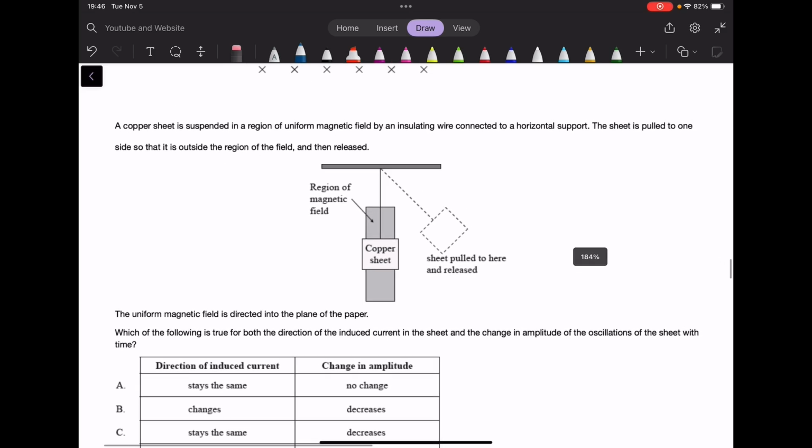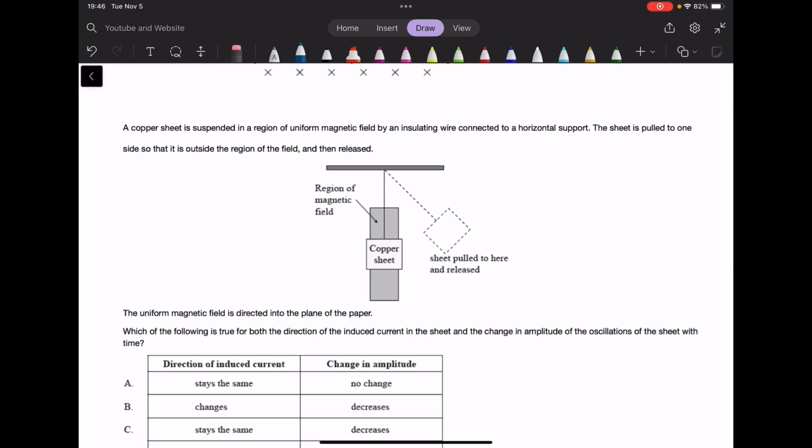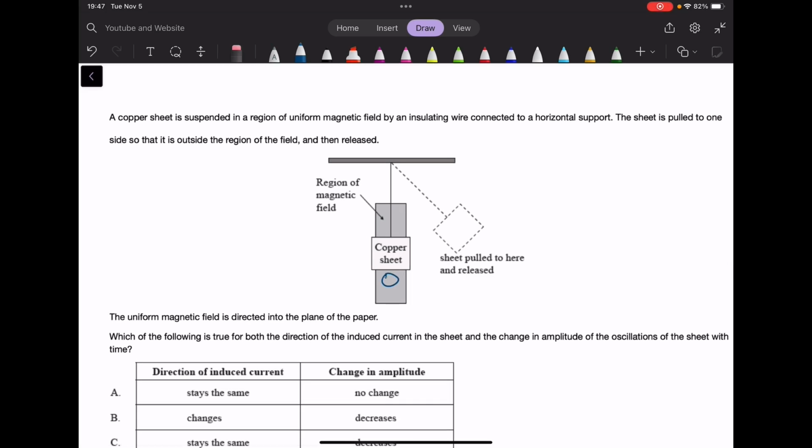Okay, so we have a uniform magnetic field directed into the plane. So something like this. So when the sheet moves closer, what's gonna happen? So we have magnetic field here.